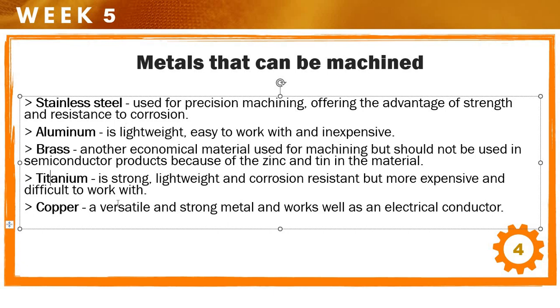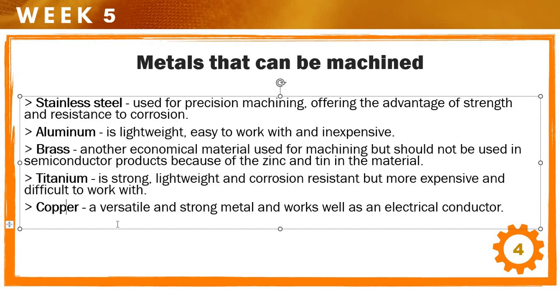The next is titanium. Titanium is strong, lightweight, and corrosion resistant, but more expensive, of course, and difficult to work with. So titanium is very useful for products with expensive prices, such as the body of expensive automobiles.